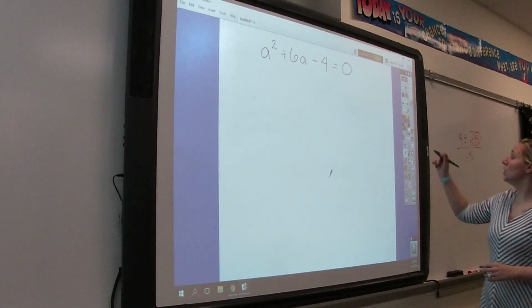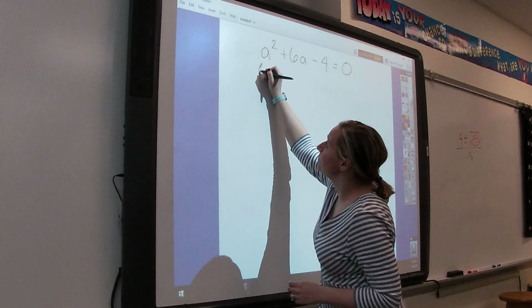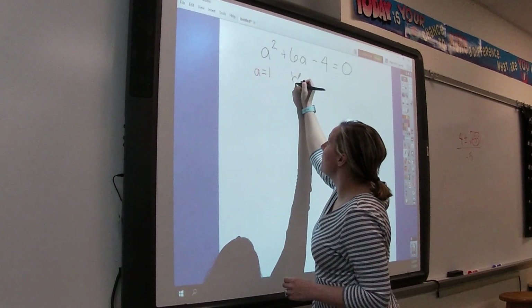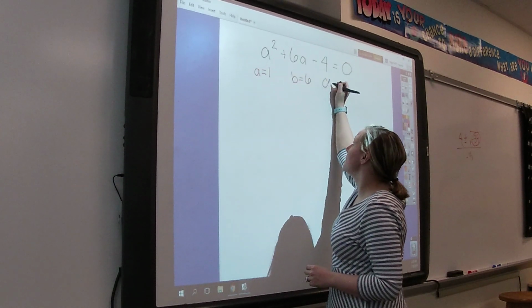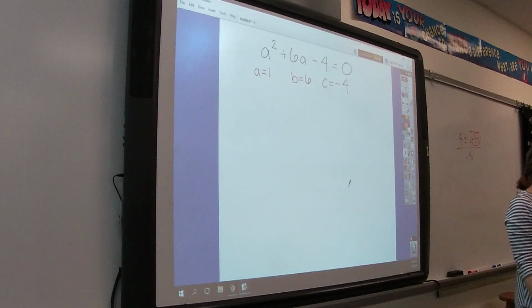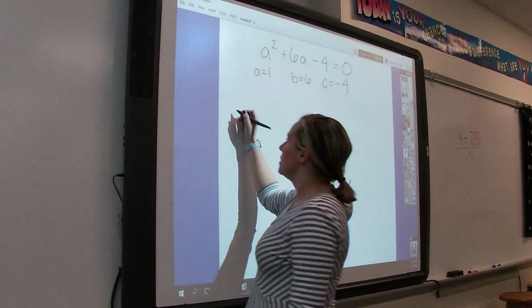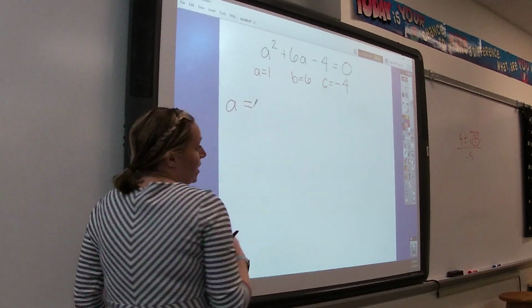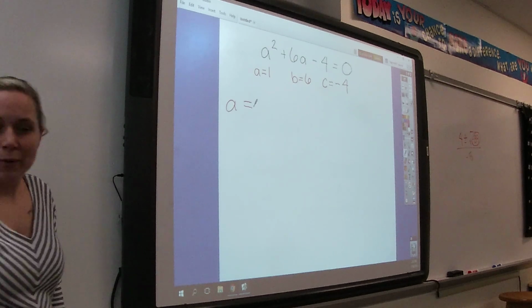Okay, so what does A equal? 1. What does B equal? 6. What does C equal? Negative 4. And then we'll start plugging into our formula. So instead of saying x equals, this time it's a equals because it's a variable.